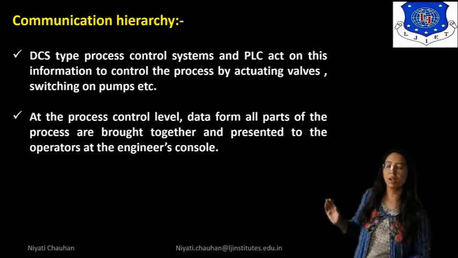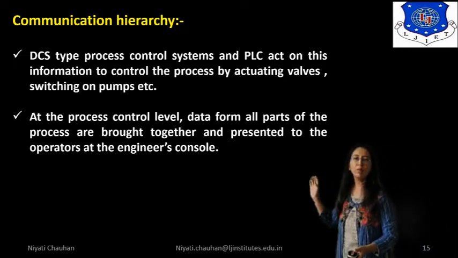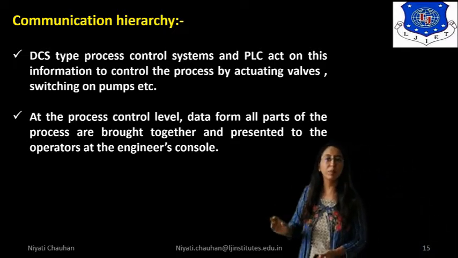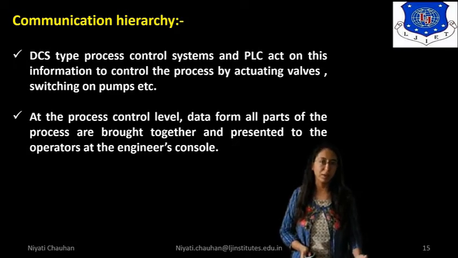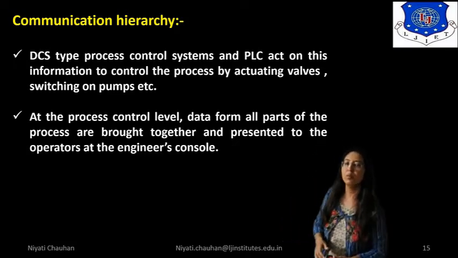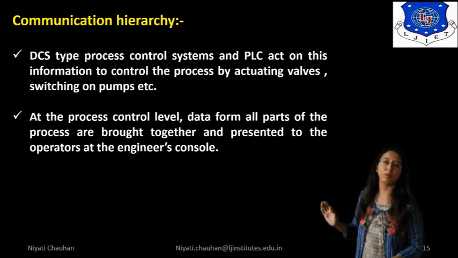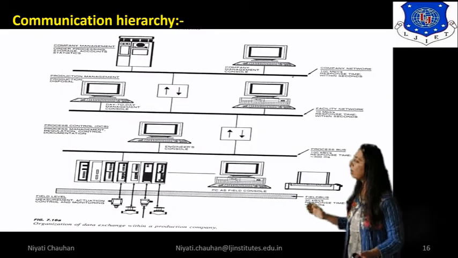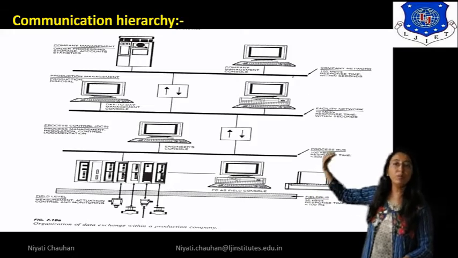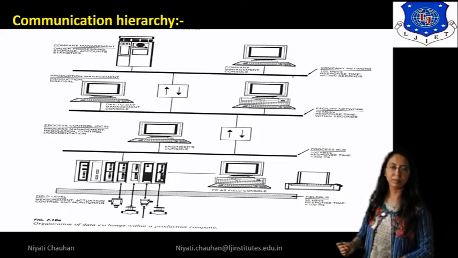At the process control level, data from all parts of the process are brought together and presented to the operators at the engineer's console. So here you can see the hierarchy of communication.